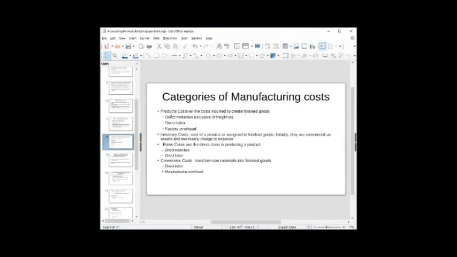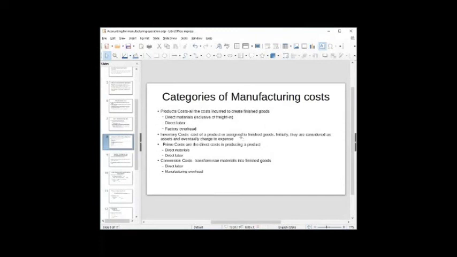You can call them the product cost: direct materials, direct labor, and the factory overhead. So these are the product costs. While inventory cost means the cost of a product assigned to finished goods. Initially, they are considered as assets and eventually charged to expense.